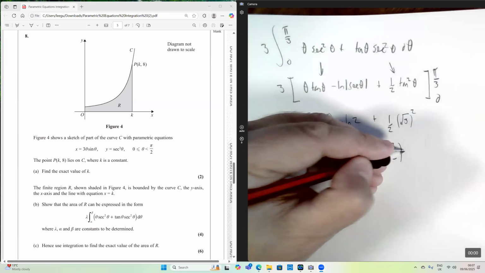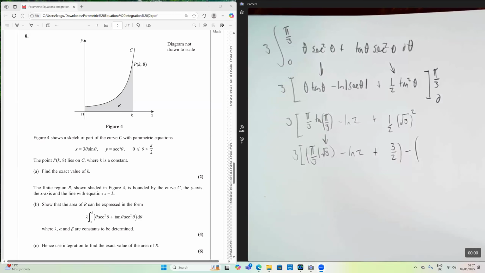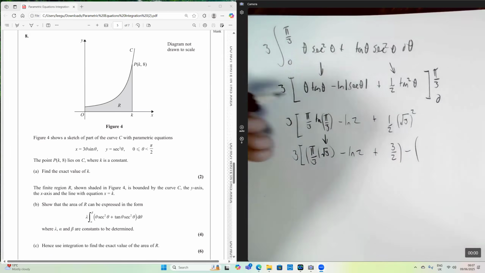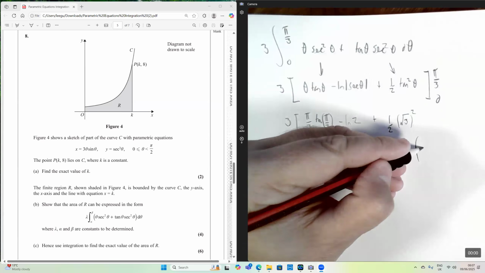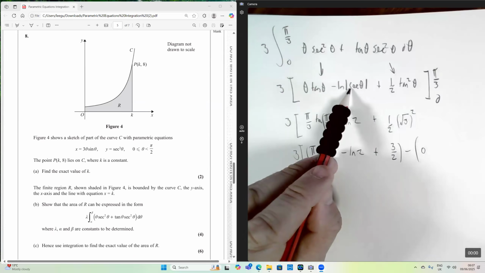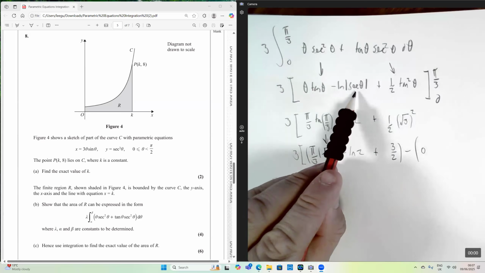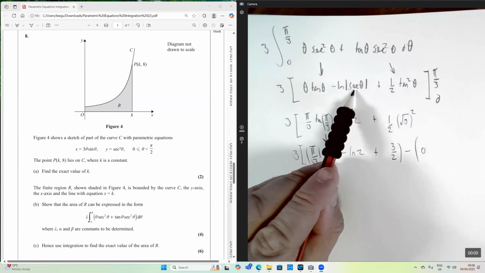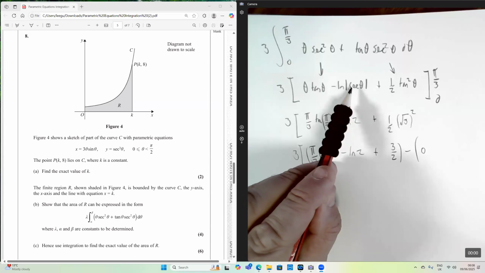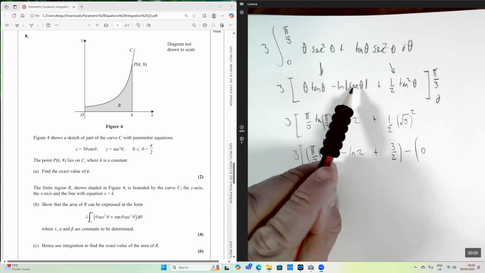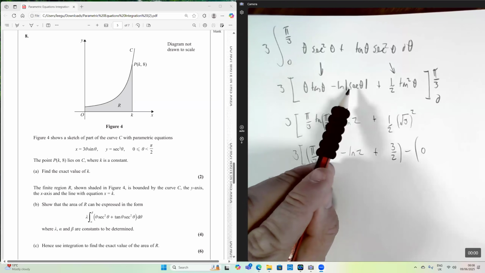So that's our first bracket subbing in our pi over 3. What about the next term? When we sub in 0, we're going to have 0 times tan theta, which will be 0. We're going to have ln mod sec. Now, sec of 0 is the same as 1 over cos of 0. Cos of 0 is 1. 1 over 1 is 1. So this is the same as ln of 1.